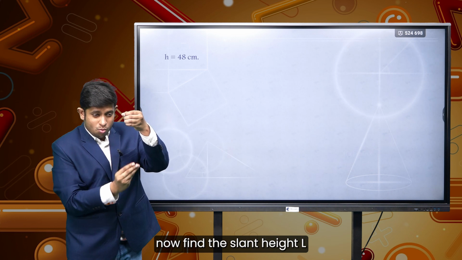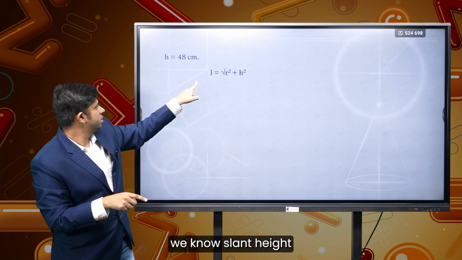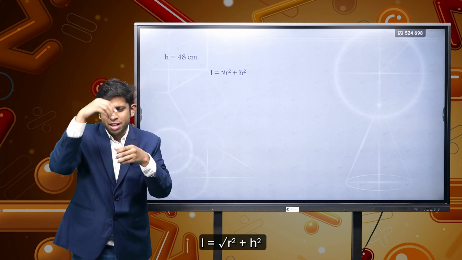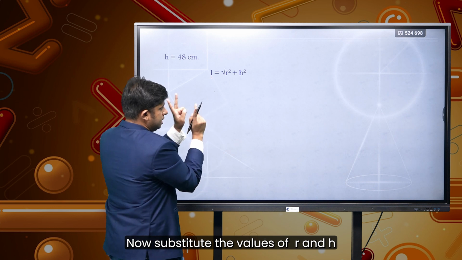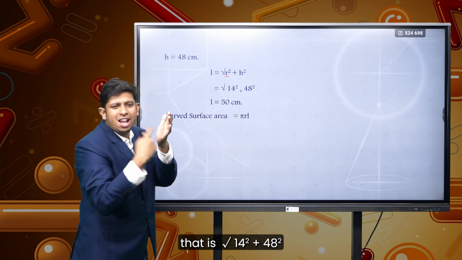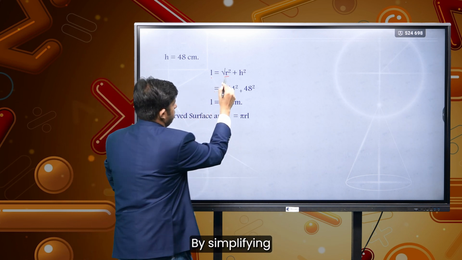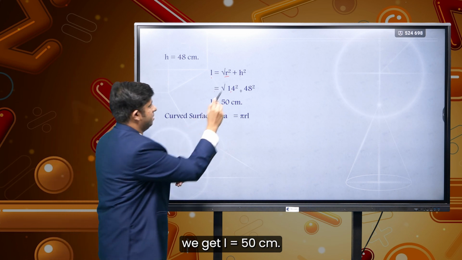Now, find the slant height L. We know slant height L is equal to under root r square plus h square. Now, substitute the values of r and h. That is root over 14 square plus 48 square. By simplifying, we get L is equal to 50 centimeter.